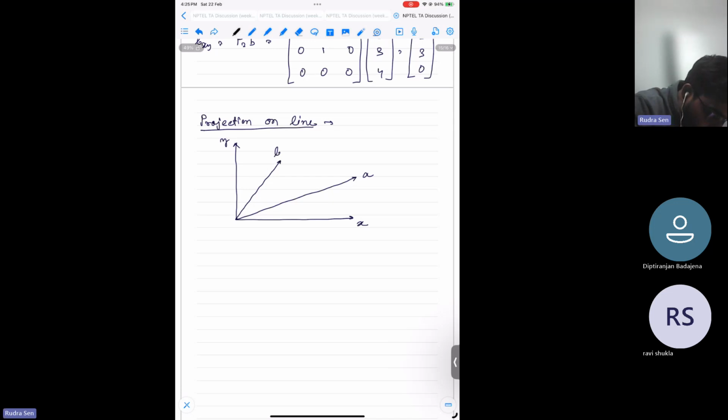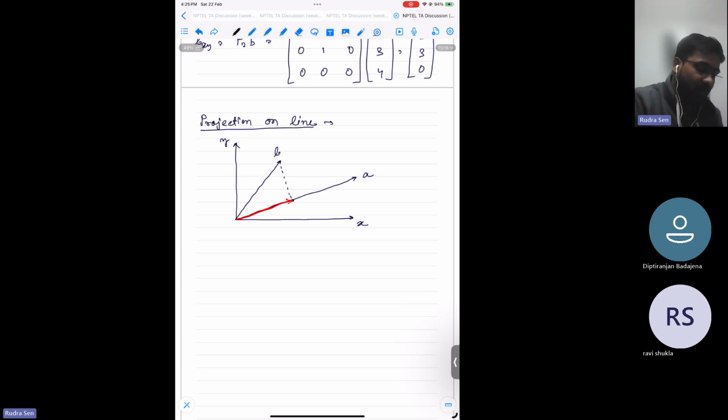So what would be the projection? This part is basically the projection of the B vector onto this line. Now I will finish it with this term.